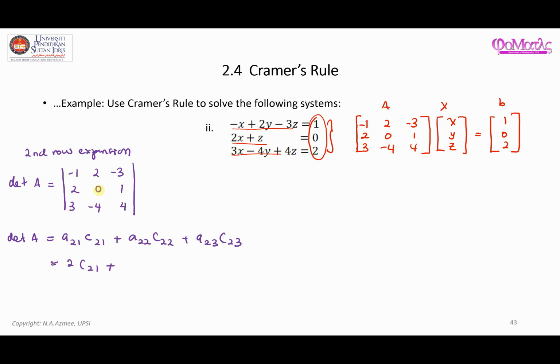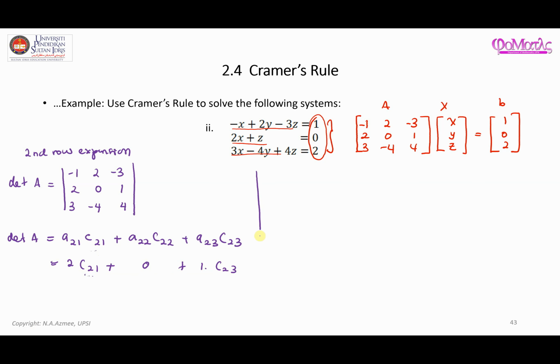Next, this one is A22, this is 0, so here we've got 0. And A23 is 1, so 1 times C23. So that is what it can be simplified to. Now our job is to find the cofactors related to the determinant of A.